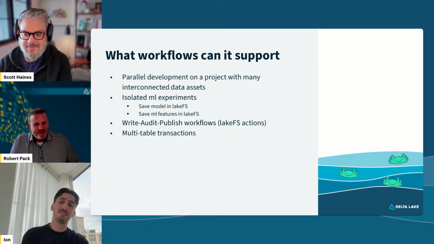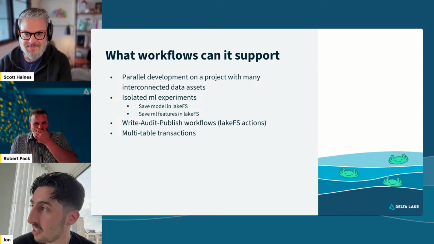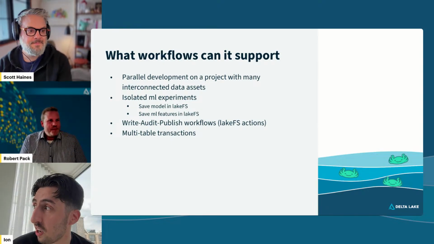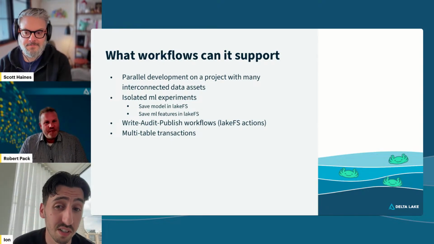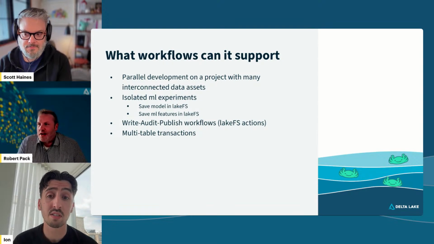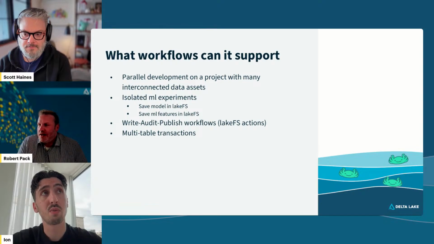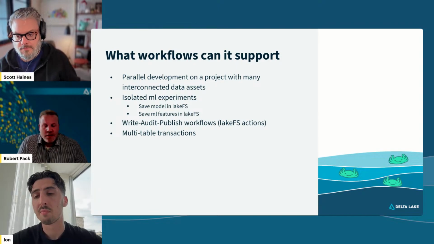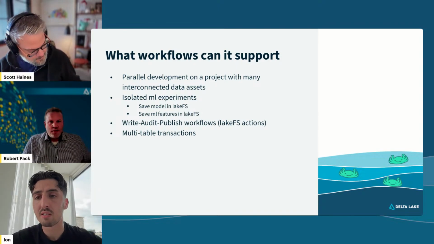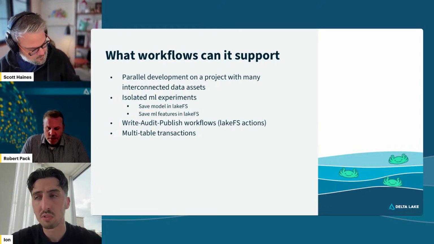Yeah, agreed. So the last use case that can be very practical is a multi-table transaction setup. Think of a use case where you have a source table, and that source table is going into different pipelines. Those different pipelines are dependent on the same source table.